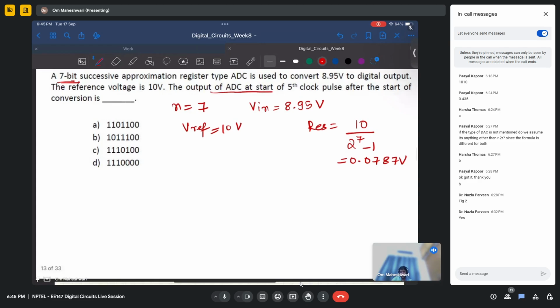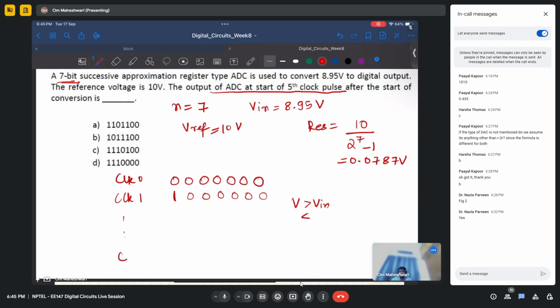You have to tell the output of the ADC at the start of the fifth clock pulse. At clock 0, you start with all zeros. At clock 1, you convert the first bit to 1. Then check if V is greater than V in or less than V in, and proceed till clock 4. Whatever is at the end of clock 4 is actually the start of clock 5. So attempt this.